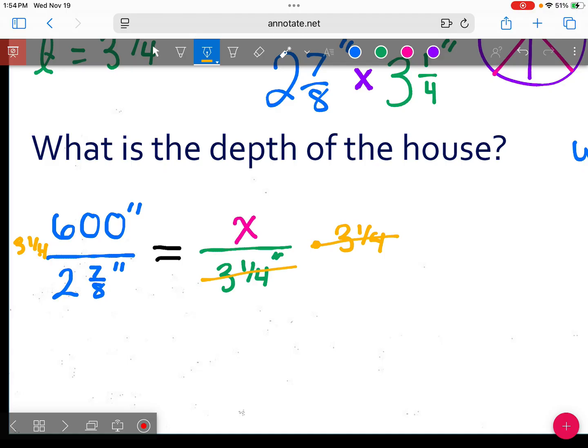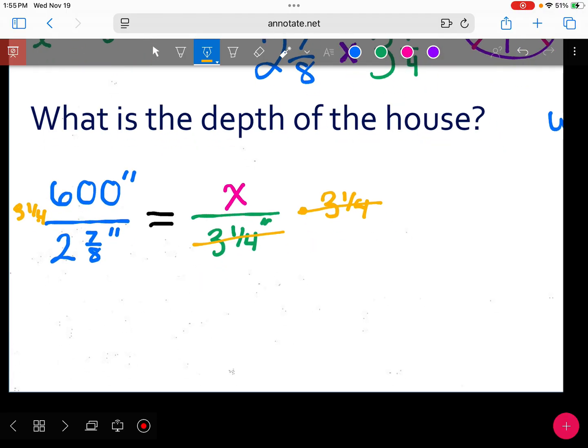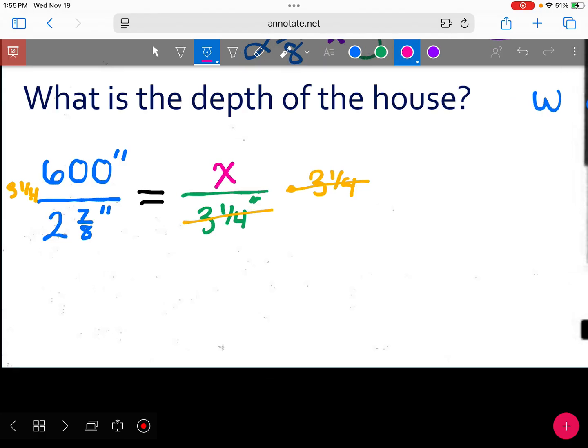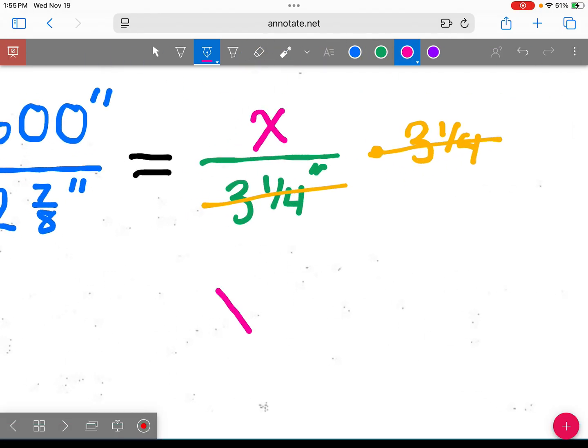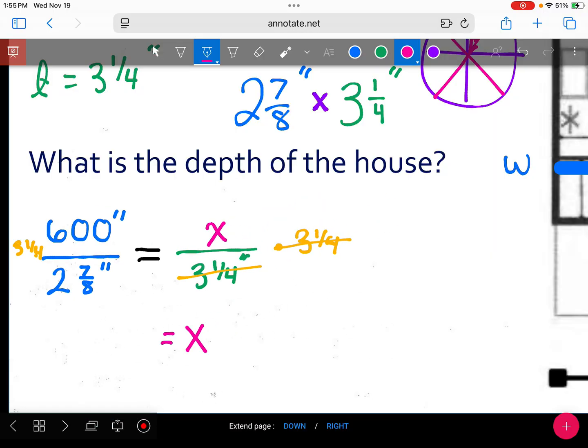So see if we can figure out what this X is going to equal. I want you to do it. X equals. See what we can come up with. We got 600 in the real world with our 2 7/8.